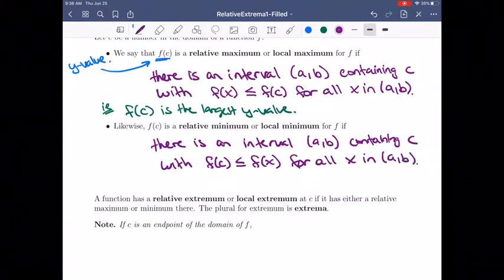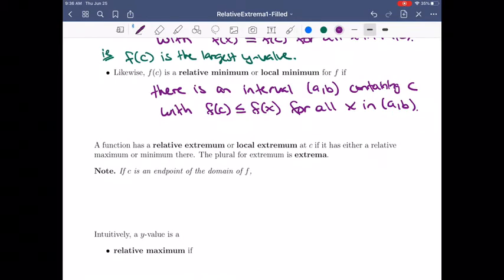And then we say that the function has a relative extremum or local extremum if it has a relative max or min there. So we say extremum if we don't know if it's a max or min. Just to say that it is some extreme value, but we haven't determined which one yet.